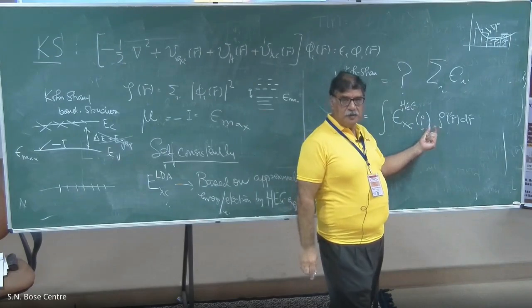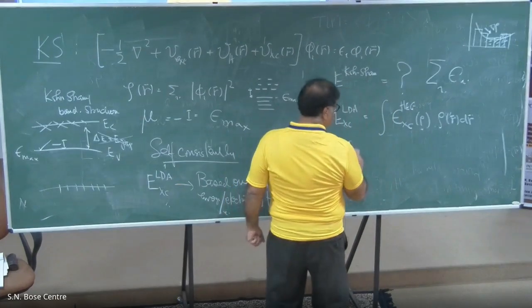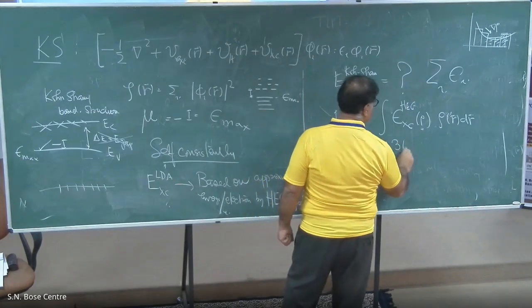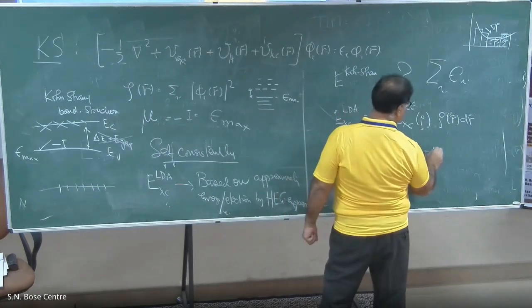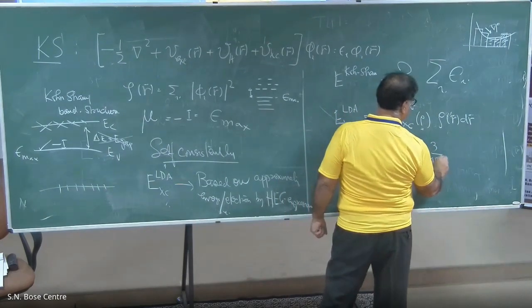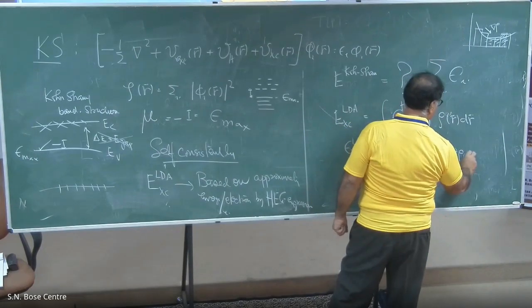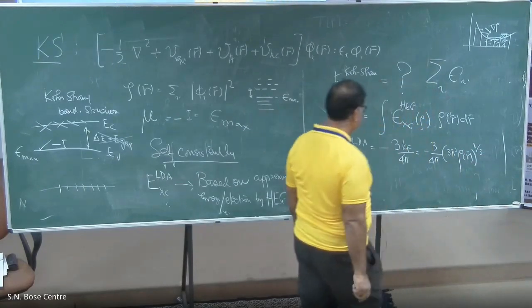Is that okay? And E_X you can work out from Hartree-Fock theory, it is minus 3 over 4 pi times 3 pi squared rho locally raised to 1 third.